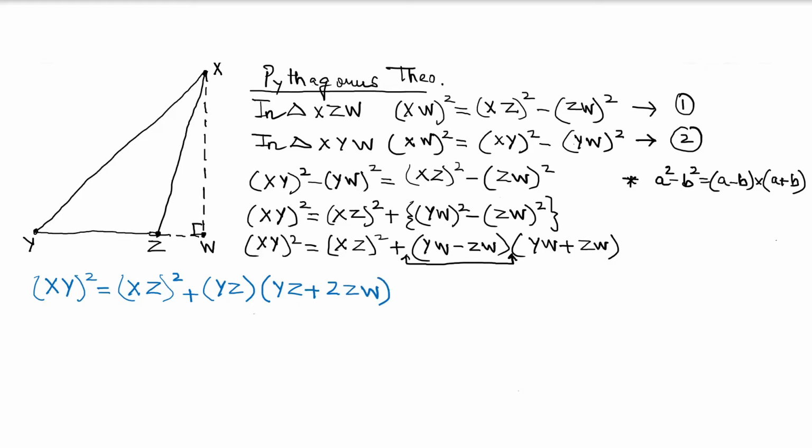So eventually, can I write xy whole square is nothing but xz whole square plus yz whole square plus twice of yz into zw. This is the final outcome that we get from here.